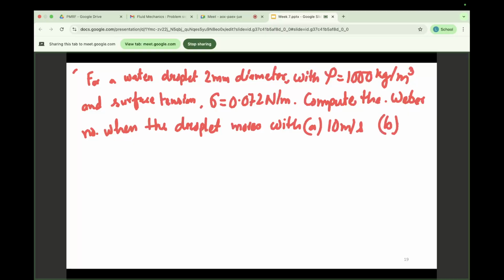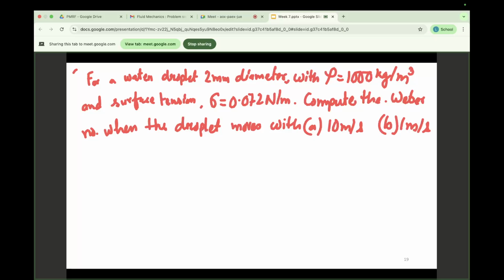So the question is this one. At two velocities, if the droplet moves, you are asked to find the Weber number. Please just write down your answer in the chat box. I am giving you 2 to 3 minutes.